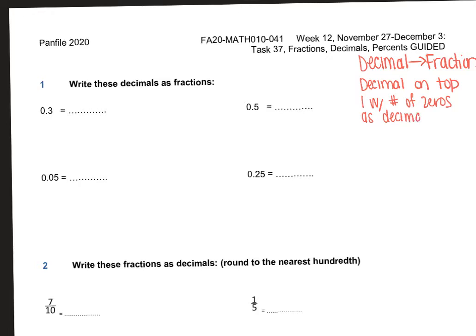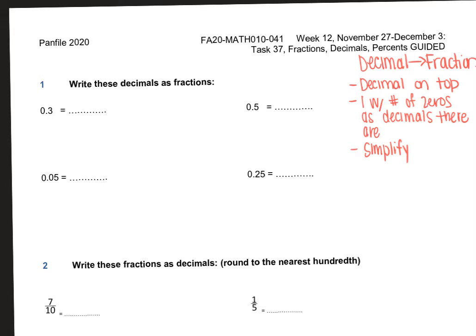This will probably make more sense when we do it. And then we simplify. So if the words didn't make sense, probably doing one will, and it will jog your memory.